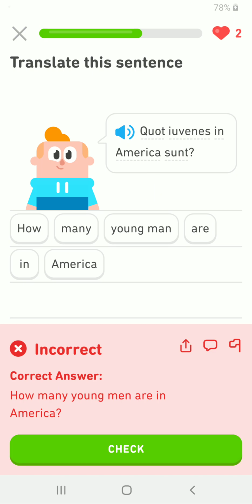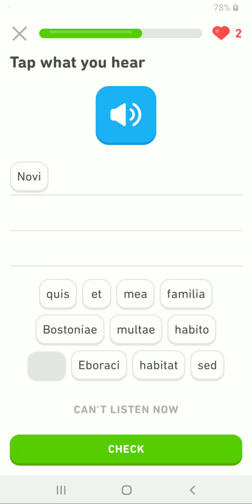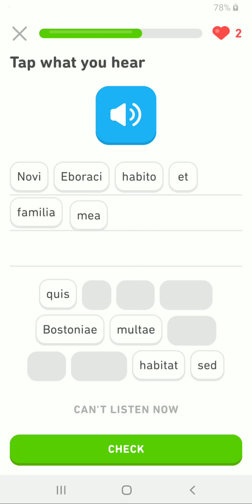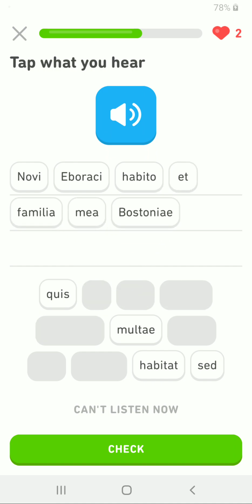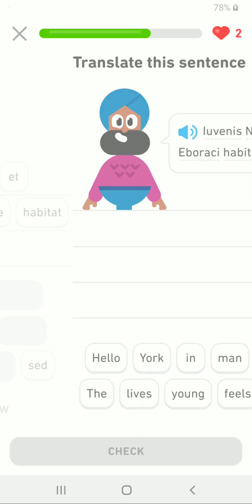Novi Eboraki habito et familia mea Bostoniae habitat. Okay, so sorry for the previous mistake. It was just a trap, you know.